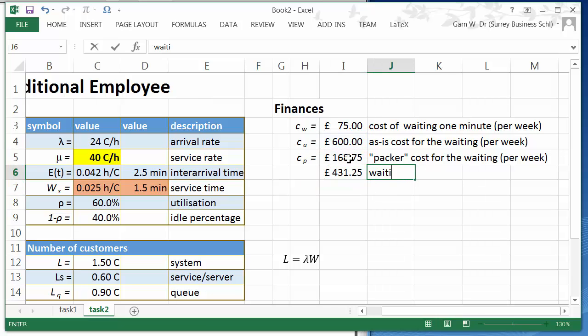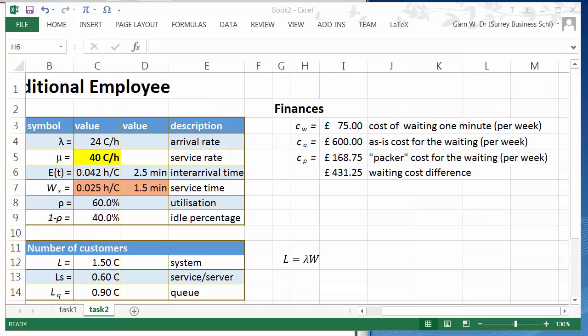So the waiting cost difference is 431 pounds. Let me call that savings. S1 equals 431 pounds.